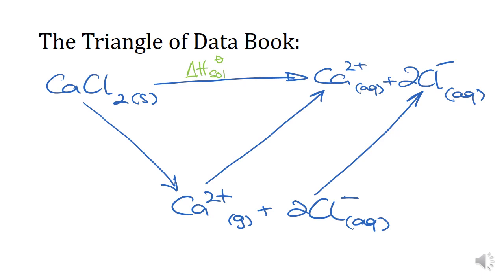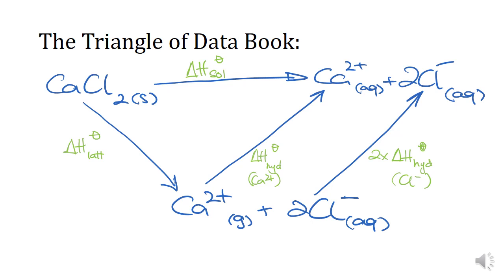Calcium chloride solid to calcium gas and chloride gas, that is my delta H lattice. Then calcium gas to calcium aqueous, that is my delta H hydration for calcium 2 plus, and this is 2 times my delta H hydration for Cl minus.